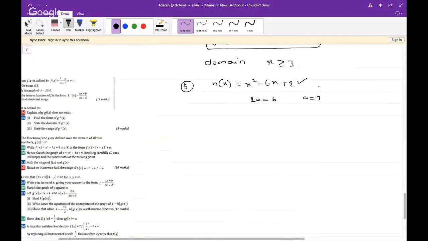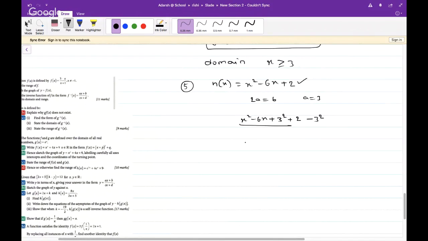So we have to add 3 squared and subtract 3 squared. So x squared minus 6x plus 3 squared plus 2 minus 3 squared. So the first three terms become x minus 3 the whole squared, plus 2 minus 9. So x minus 3 whole squared minus 7 is your h of x.